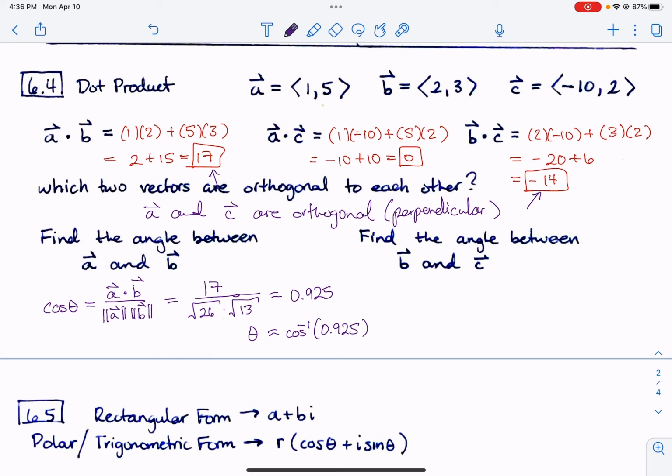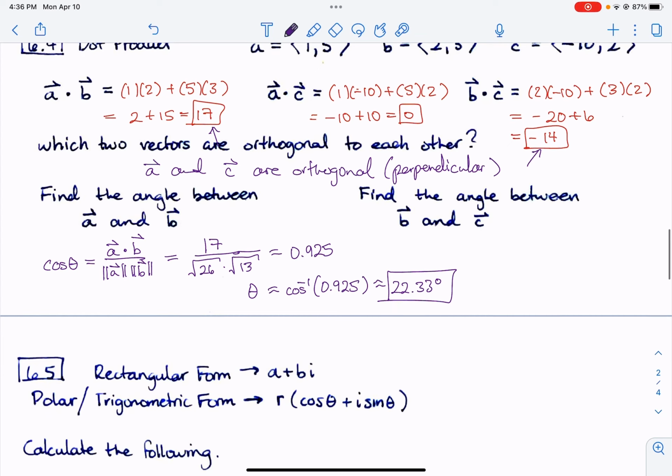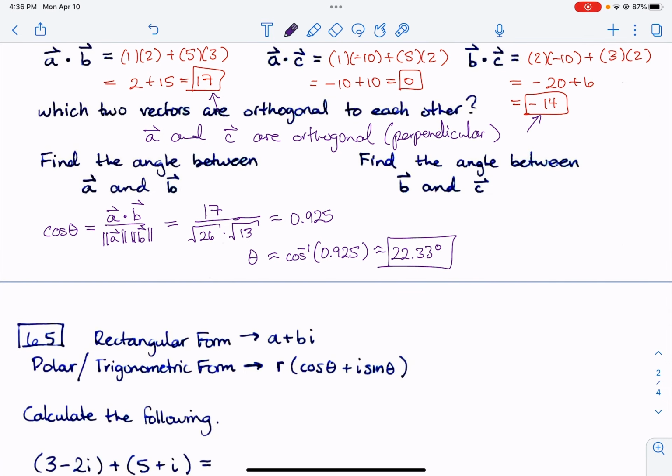So you do this at the very end. Inverse cosine of 0.925. So it gives you about 22.33 degrees. There you go. And make sure you're in degree mode, right? You want to be in degree mode. And just to save time, I'll let you guys do that other one with B and C.